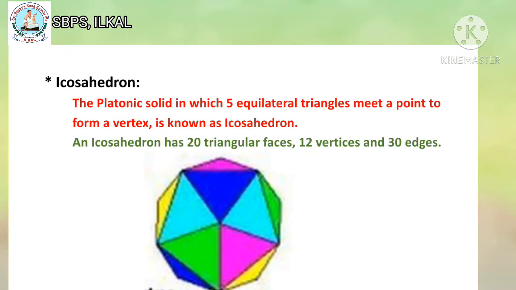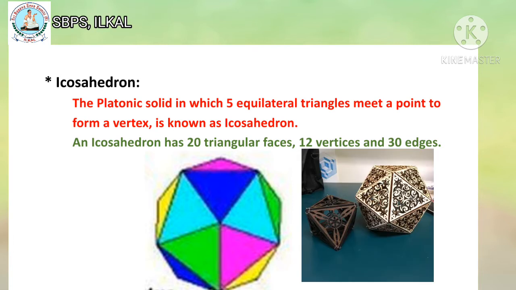The Platonic solid in which 5 equilateral triangles meet at a point to form a vertex is known as icosahedron. An icosahedron has 20 triangular faces, 12 vertices and 30 edges. Some real life examples you can observe here.